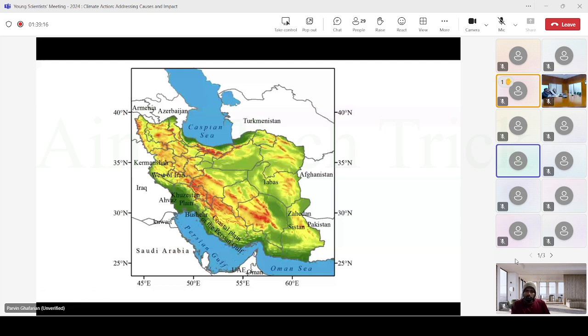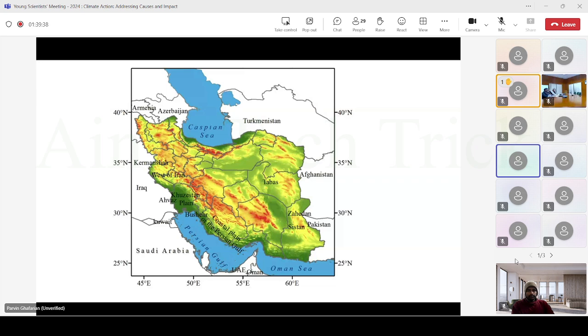The southern coastal plain of the Persian Gulf and the Gulf of Oman have mild winters and very hot, humid summers. Iran's climate is colder than neighboring countries like Iraq and Turkmenistan due to its higher elevation.